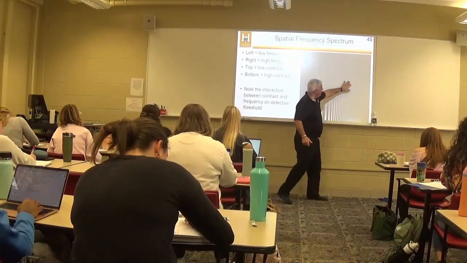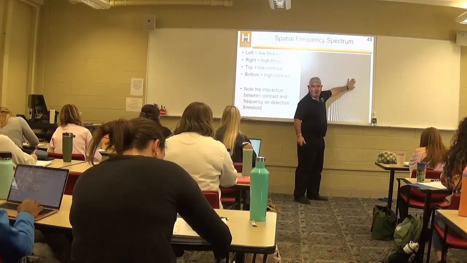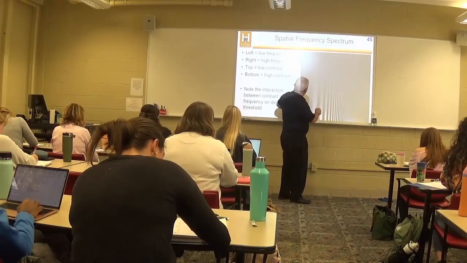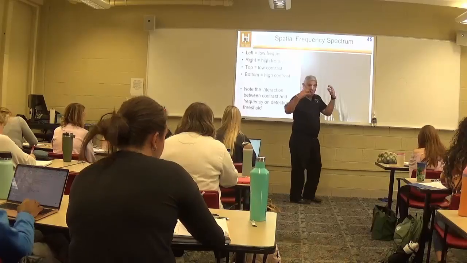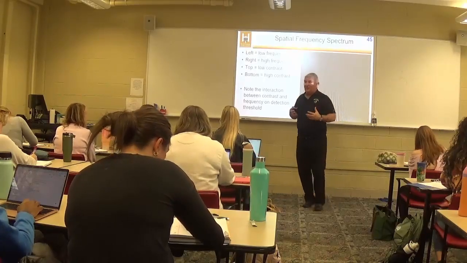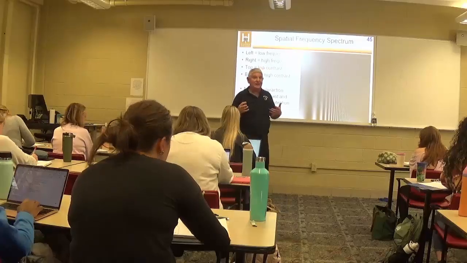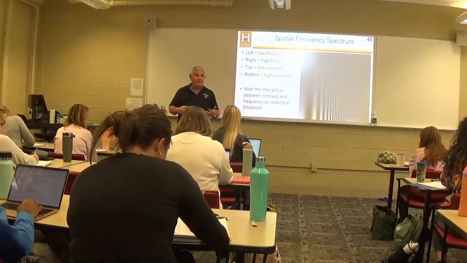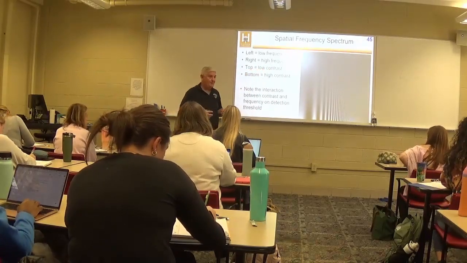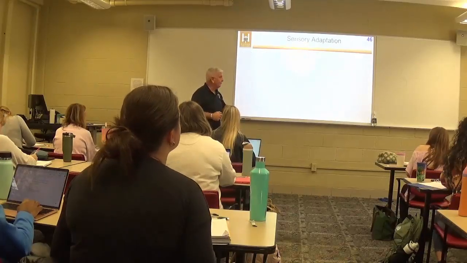We need the high frequency to see those changes in that contrast. So this threshold is actually like a curve, kind of like our color we talked about, where depending on the spatial frequency depends on how easy it is to detect the contrast. Cool?